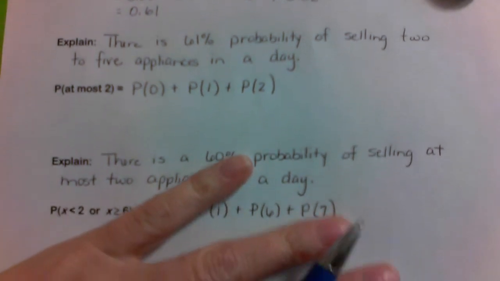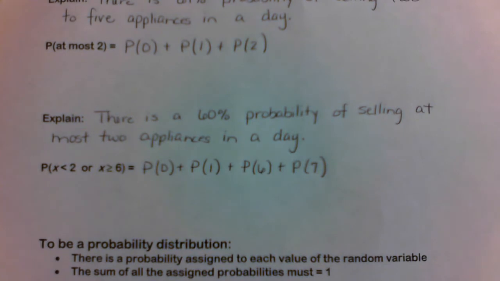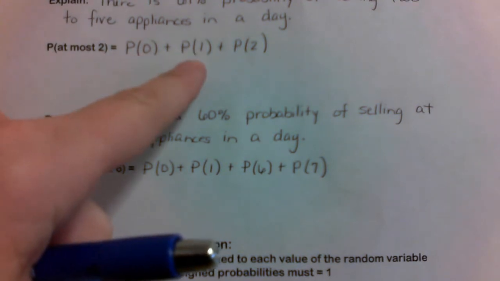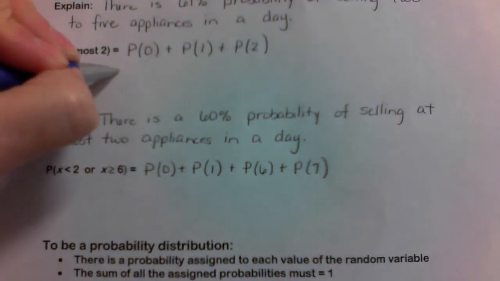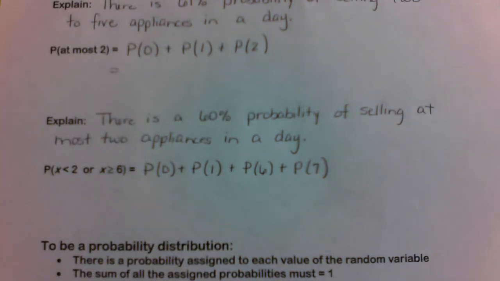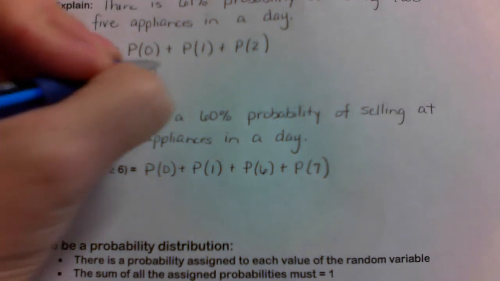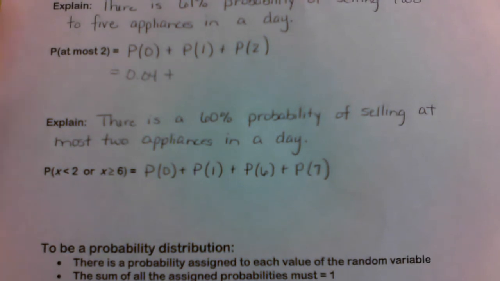All right, the next one wants to know, what is the probability that you sell at most 2? Well, at most you have to be careful of. At most means that you sold 0 appliances or 1 appliance, or at most 2 appliances. So these are the ones that you would include for at most. So 0 is 0.04. And again, I'm going back to my table from the last page of notes.